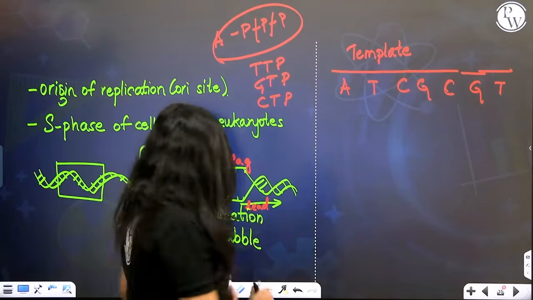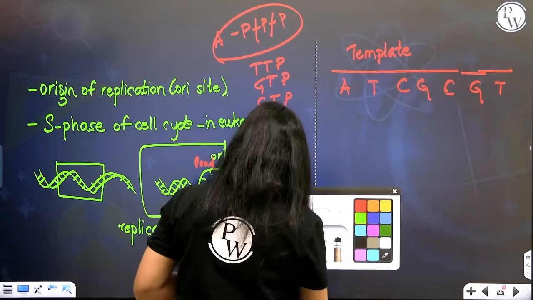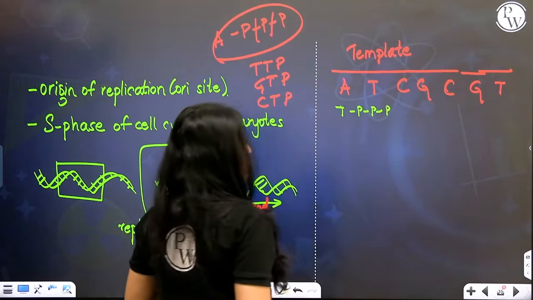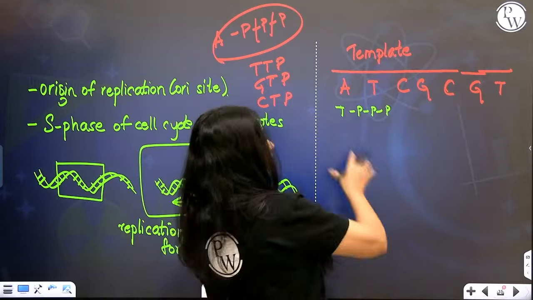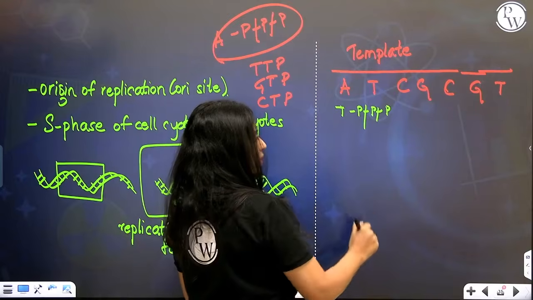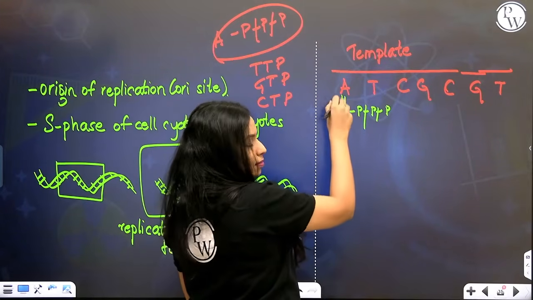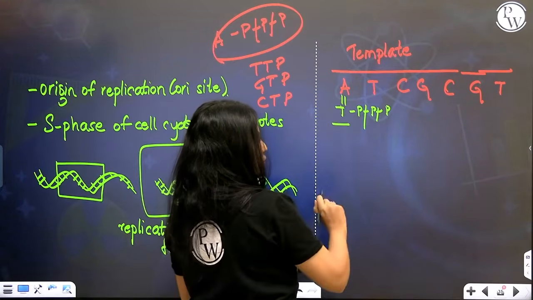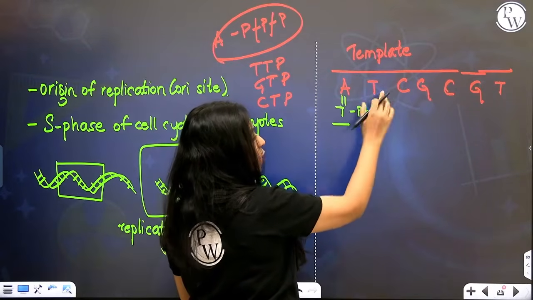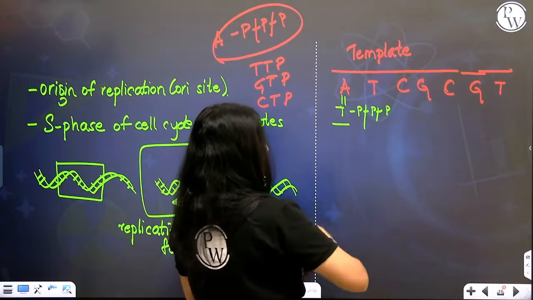So, complementary to it, it will add a T. This T will be TTP, triphosphate. While this is forming hydrogen bonds with A, these bonds will be broken. So, there is pairing happening between these two. The energy that is released during the breaking of these bonds will be used in polymerization.